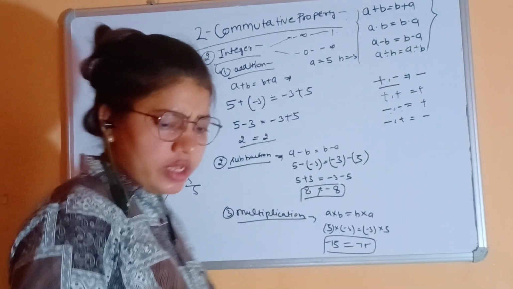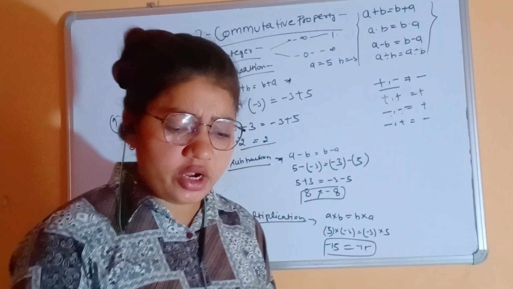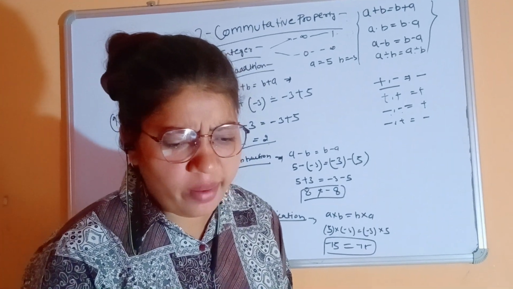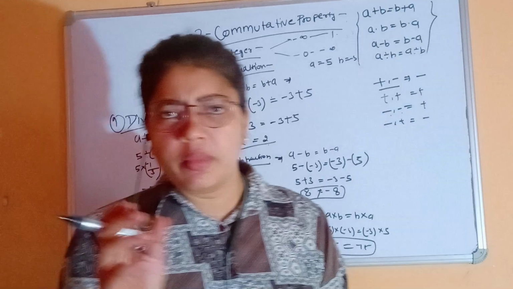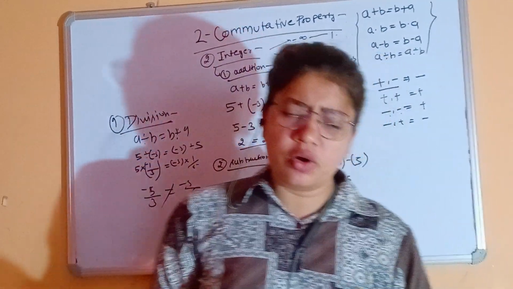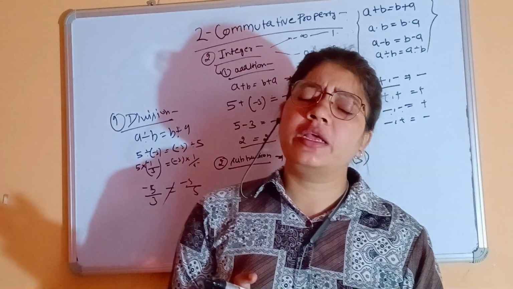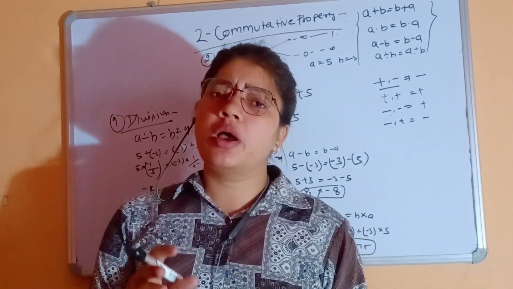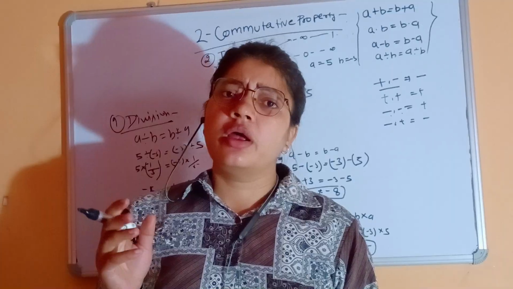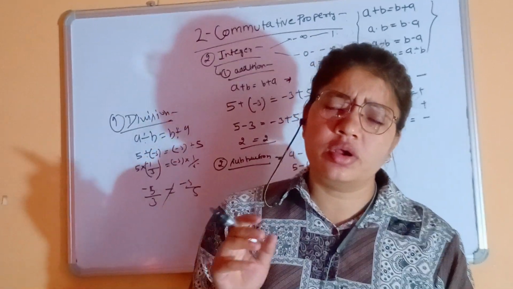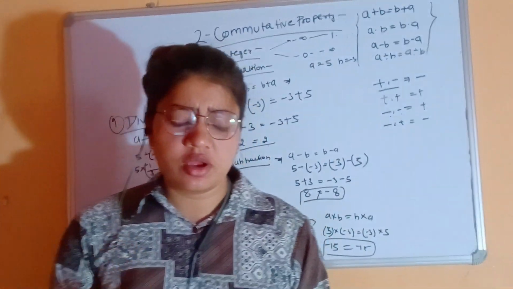So division also does not follow the commutative property, the same as in whole numbers. In whole numbers and in integers, addition and multiplication follow, while subtraction and division do not.